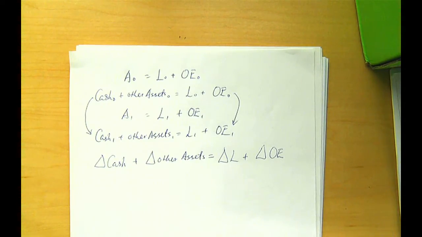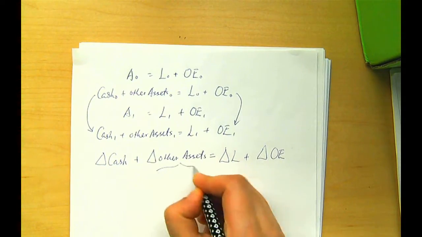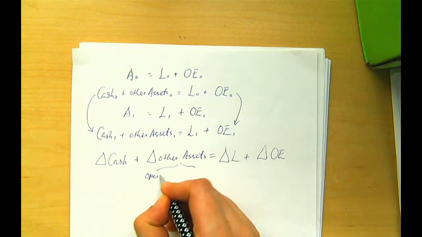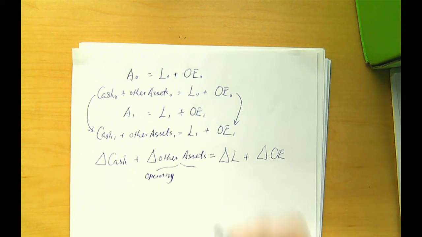This one is related to operating activities. And what about other assets? These things here, they are related to investing activities because it involves buying or disposal of fixed assets, right? Investing activities.